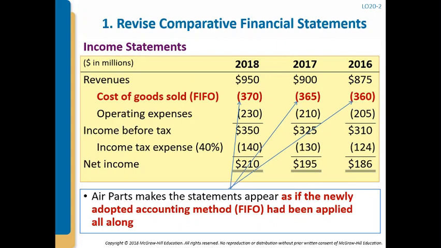Now note, they're only doing this for years that are in the financial statements, the current year and prior years. And so you have to list for any prior year that you list in your current financial statement at the time the change is made. You have to go back and make those changes.